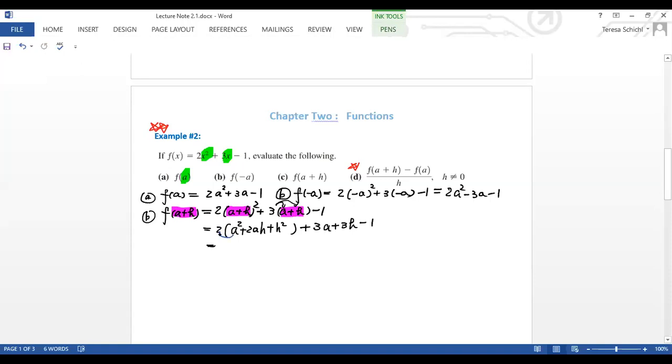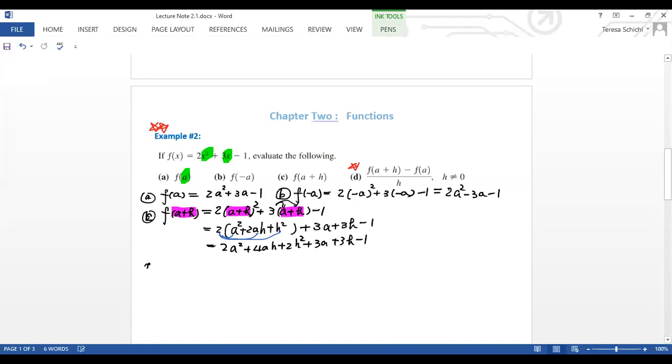So it will be 2a squared plus 4ah plus 2h squared plus 3a plus 3h minus 1. Wow, looks pretty complicated, right? But that's fine. Okay, this is part C.